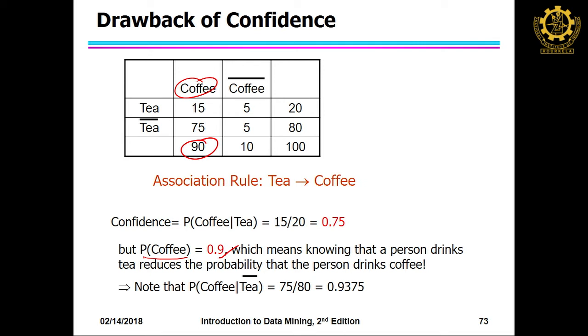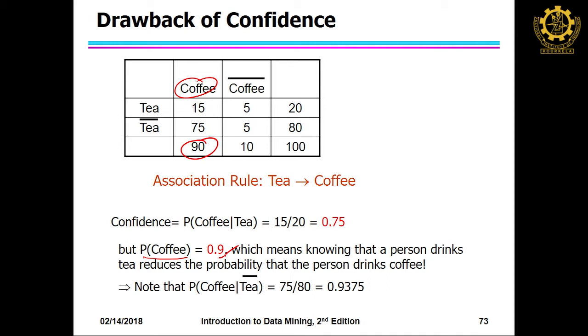Actually, whenever item X appears, it should appear with Y, but if we sell Y itself, that is 90%, and if X and Y appearing together is much lesser than the individual Y, then this type of rule is misleading. If we sell only Y, we get 90% of the time, but if we sell X with Y, that will reduce. So, from the business tactics, this is not a very interesting one.